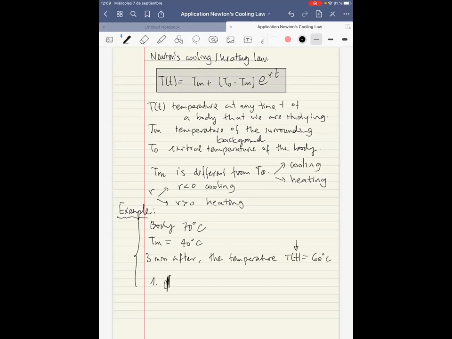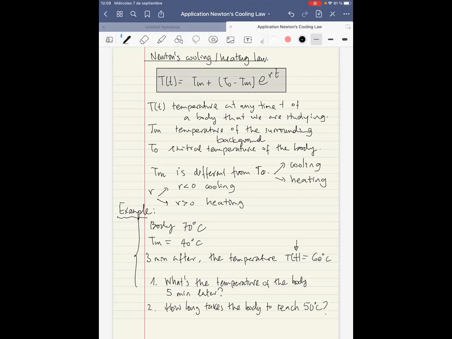And the second: how long does it take for the body to reach 50 degrees? Okay, so bearing this in mind, we have several conditions.